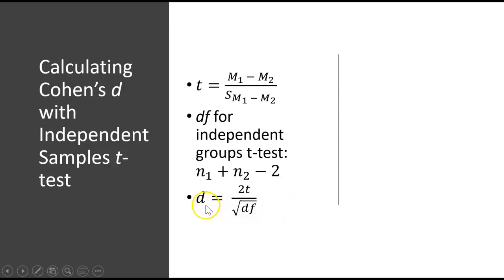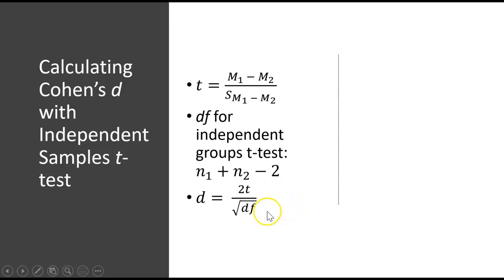The Cohen's d is based on this corrected number of subjects, essentially the total number of subjects minus 2, the square root of that, and 2 times the t is in the numerator.